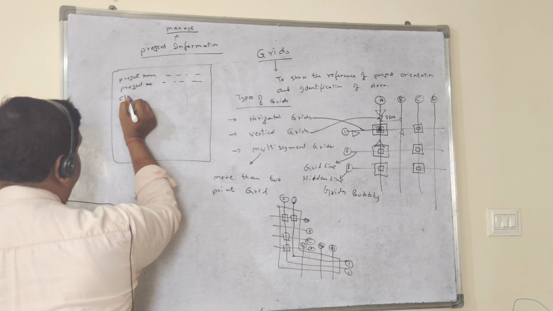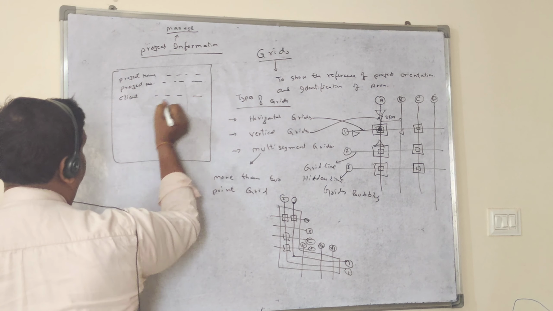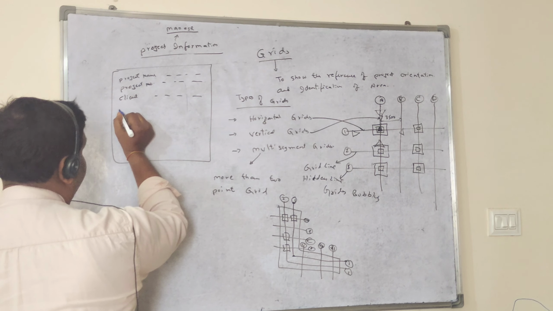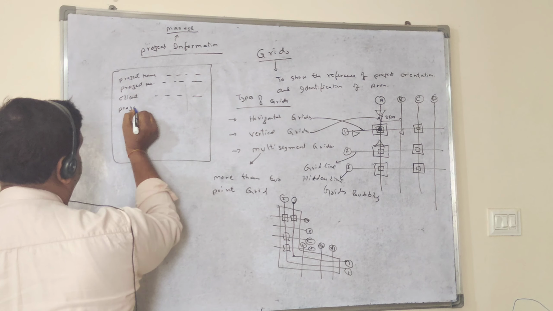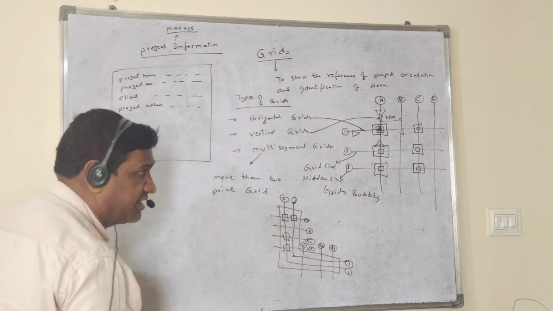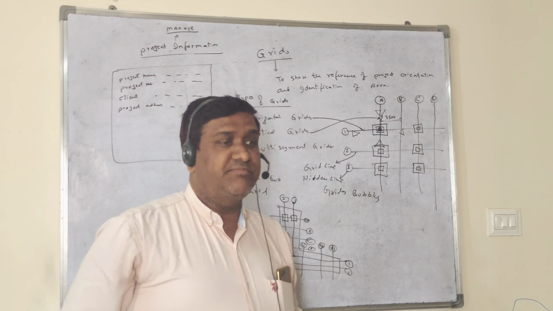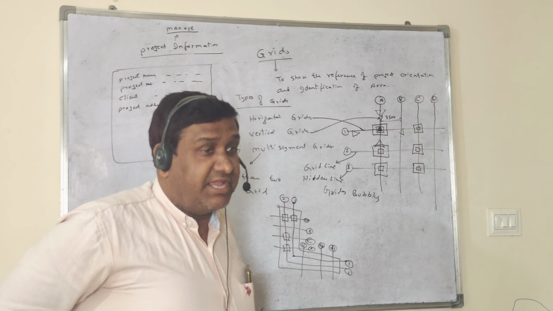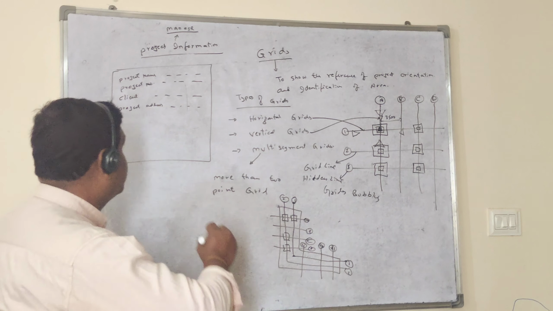Then client: who is your client, you have to write the client name. Then project address: you have to write your project address also, which place, which area, which country, which state your project is located in.